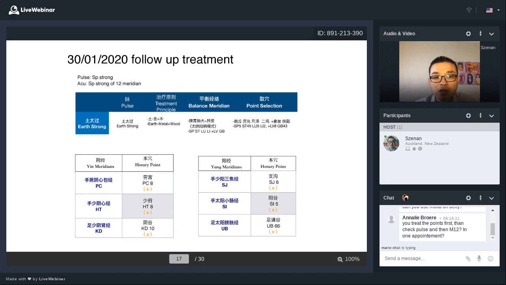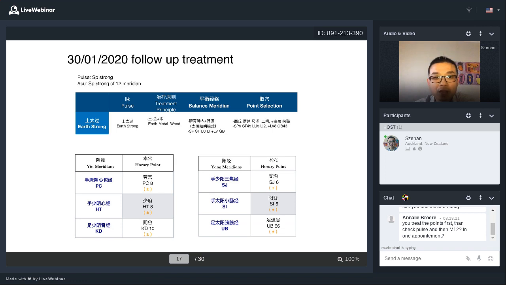So reduce earth means reduce spleen and stomach, which means needle spleen 5, stomach 45. Reduce metal means reduce lung and large intestine, which means you are needling lung 5 and large intestine 2.